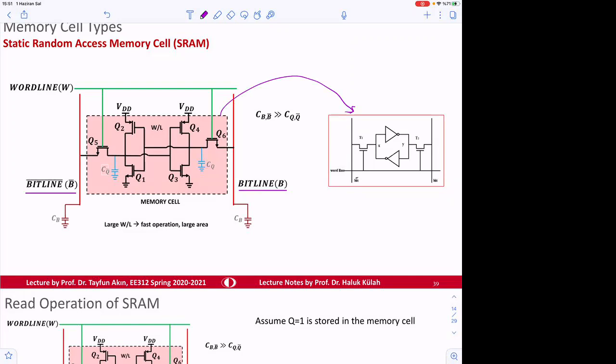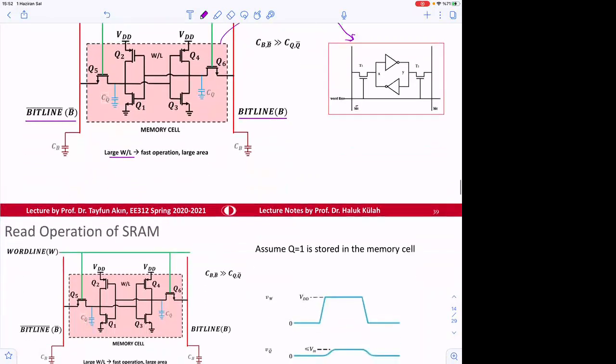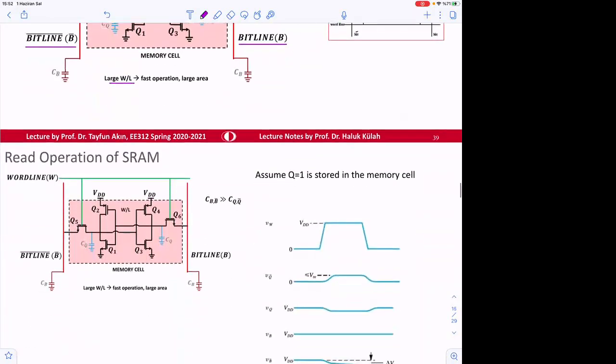If you want to write things fast, you need to have large WL, but if you have large WL, then it occupies a lot of area, and we want to store a lot of data into small area. So therefore, we select minimum size transistors typically.